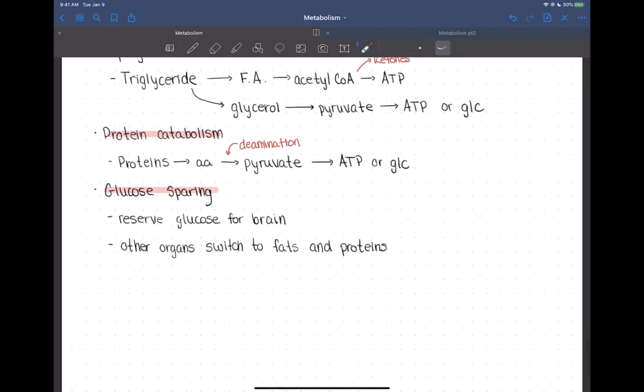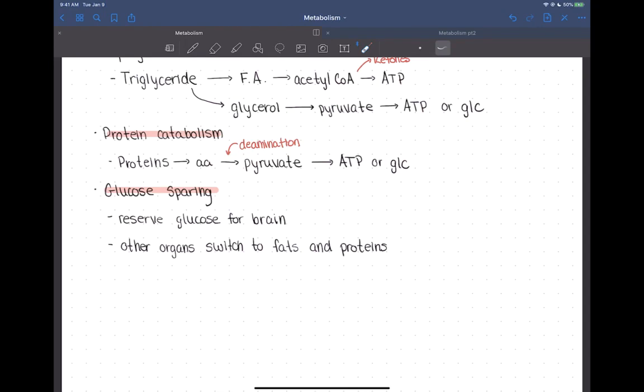Okay, and then lastly, in this post-absorptive state, something called glucose sparing is extremely important. And so glucose sparing is just reserving glucose for brain function. Okay, so brain function is obviously critical for all other life functions. And so when glucose levels are lower during this post-absorptive state, your body will switch all the other organs over to using fats and proteins for energy, because your brain has to have glucose, right?